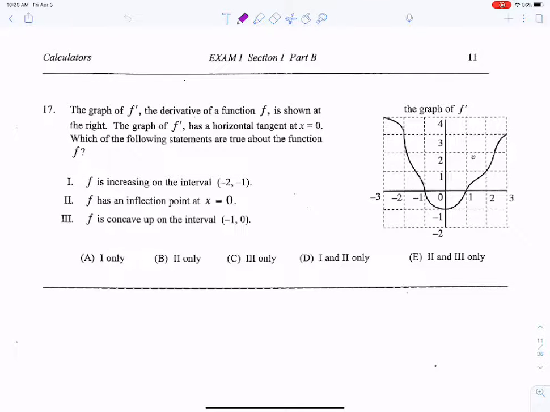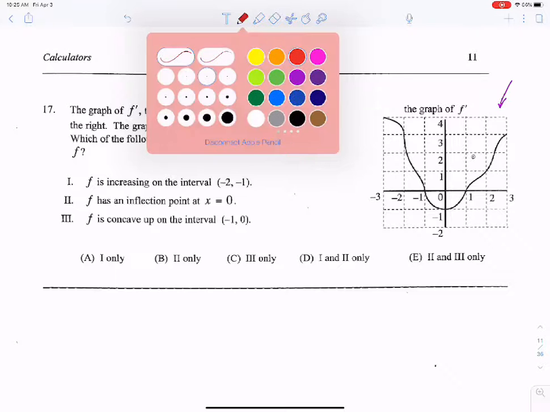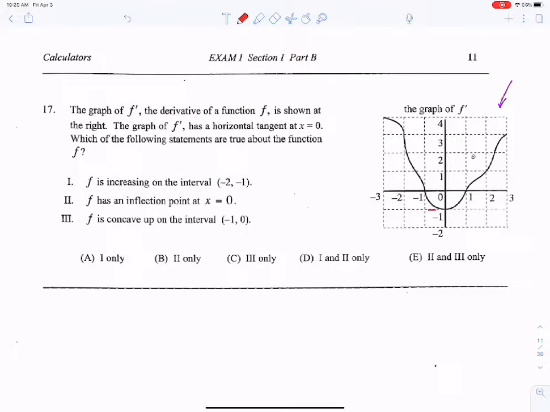So remember, this is the graph of f prime, okay? Is shown at the right. The graph of f prime has a horizontal tangent at x equals 0. So right here, and I'm going to do this in bright red, there is a horizontal tangent, okay? Which of the following statements are true about the function?